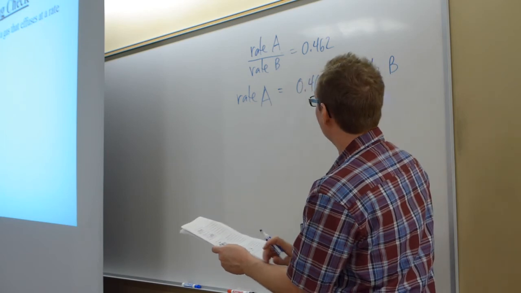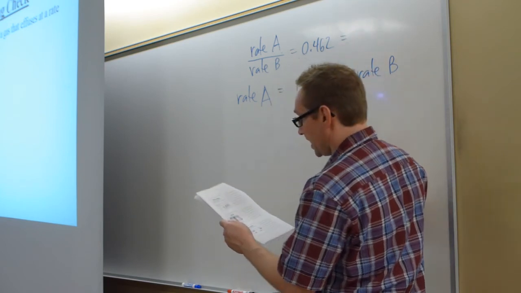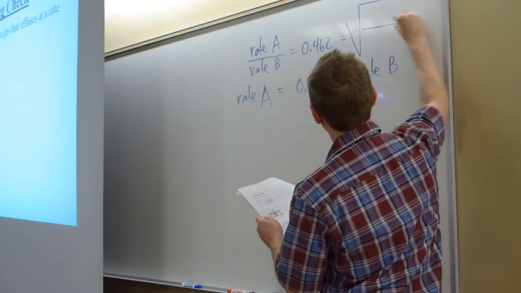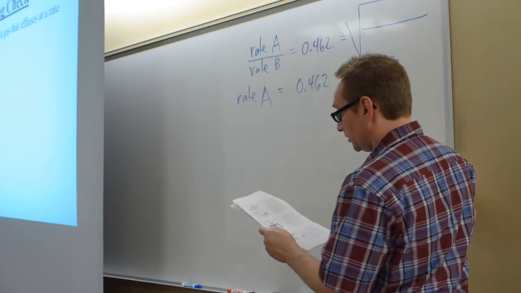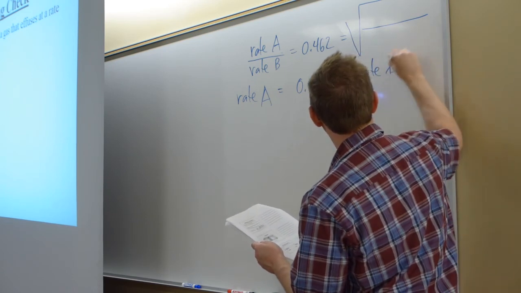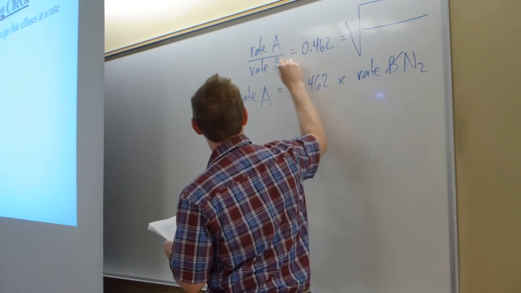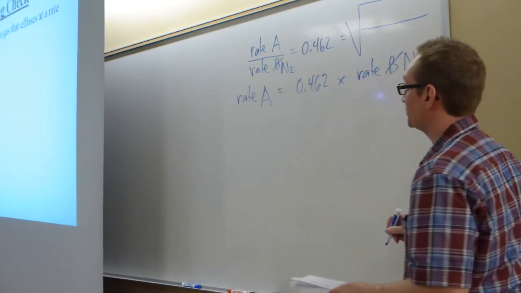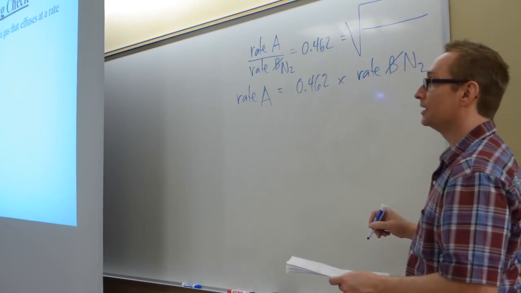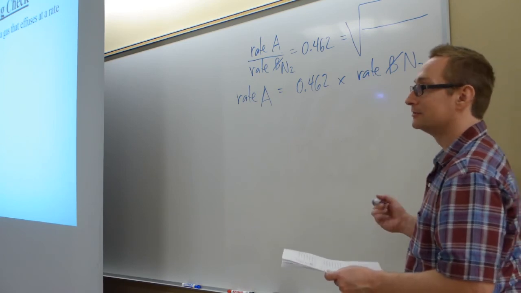Okay, so we know that this is 0.462, and from that we know the molar mass of our gases. Taking nitrogen as our gas B now, the molar mass of nitrogen is what? 14.01 basically, times 2, right?